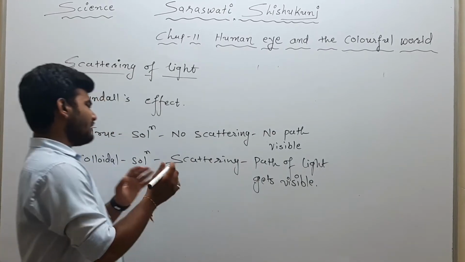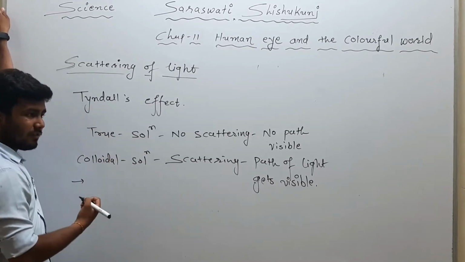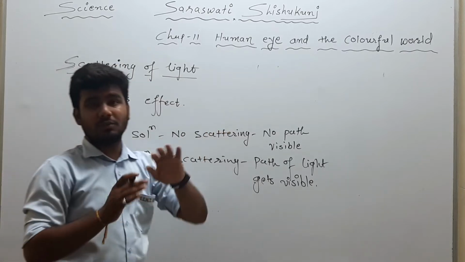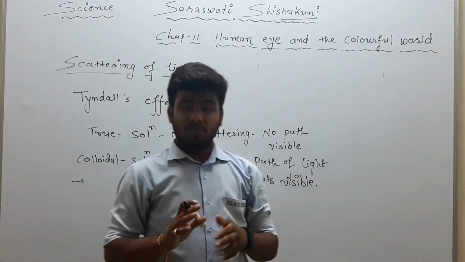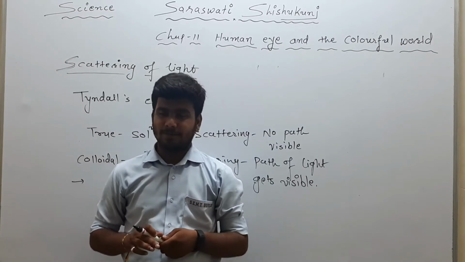We have seen a common example of this Tyndall effect: the light which enters from a canopy, right? The light which enters into a dusty room. So first of all, how does it happen?